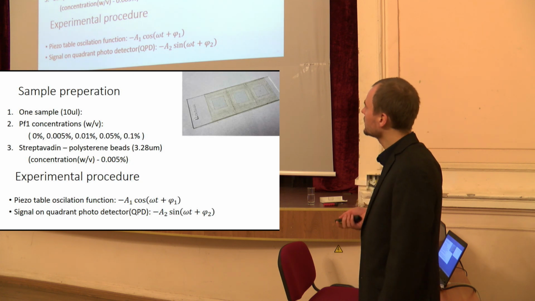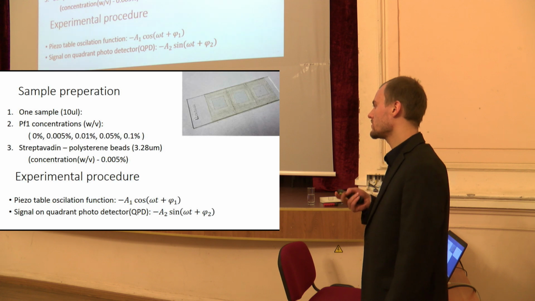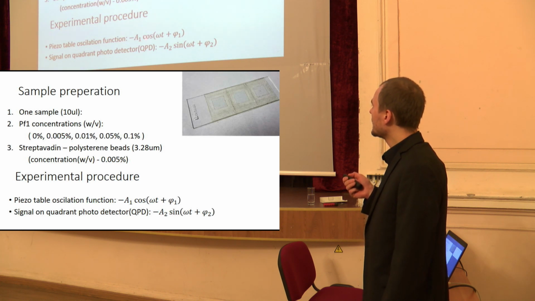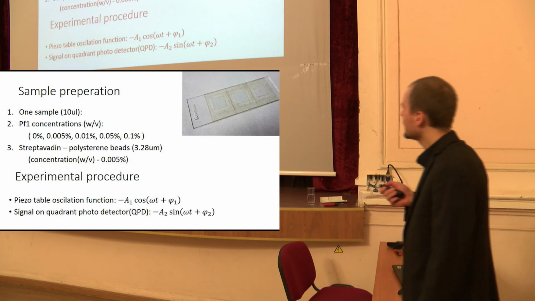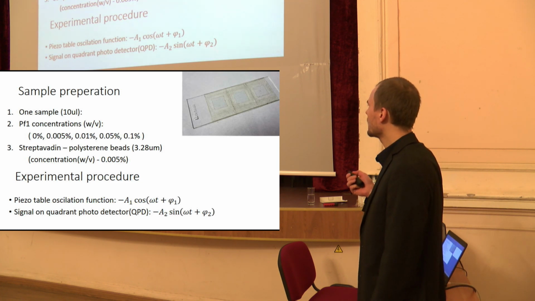Then we oscillated the piezo table, on which the sample was stationed, with this function, and then we acquired the signal on the photodetector, assuming it would be this function.